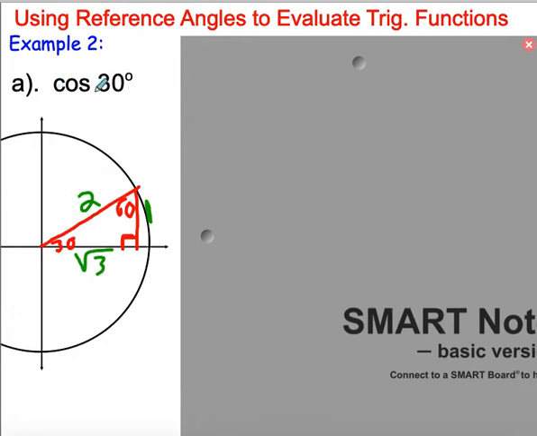You plug in an angle and it shoots out a ratio of the side lengths of that triangle that it would be formed. Well, cosine is adjacent over hypotenuse. So cosine of 30 is just square root of 3 over 2. And that would be your answer. Okay?